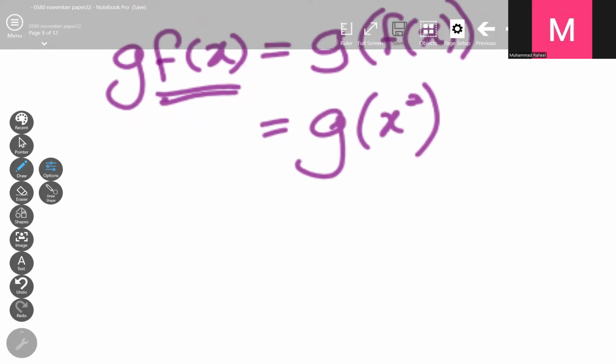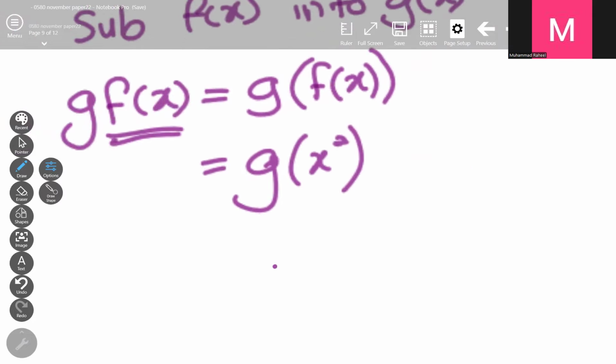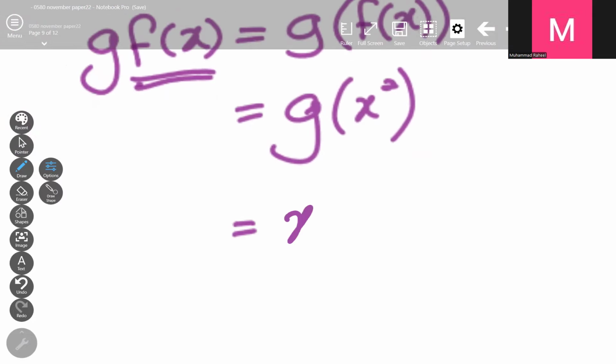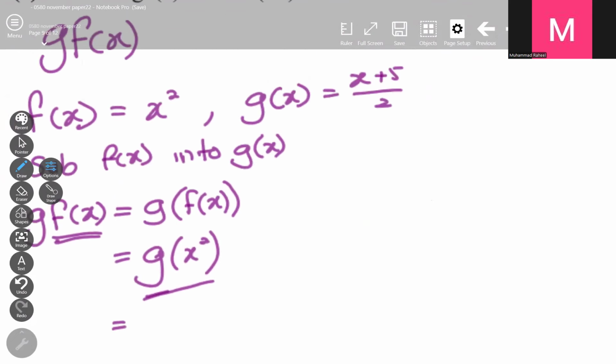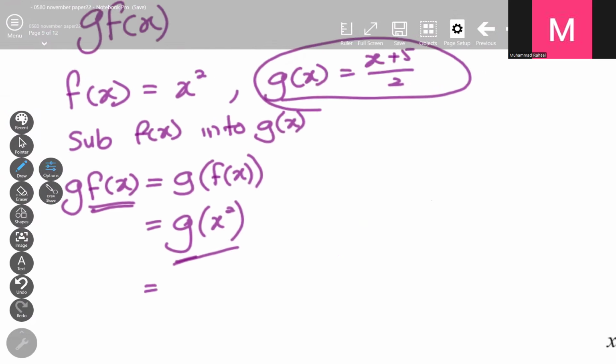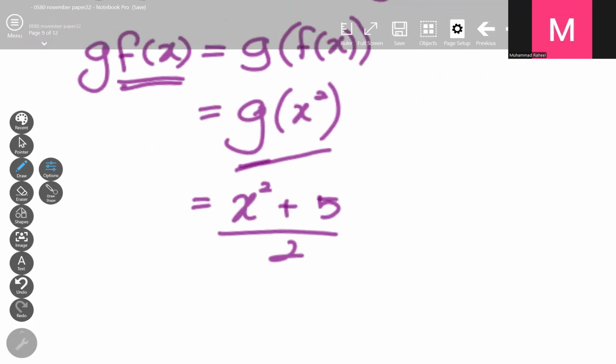So now since we have g of x squared, we can just replace the x with x squared. So we have x squared plus 5 over 2.